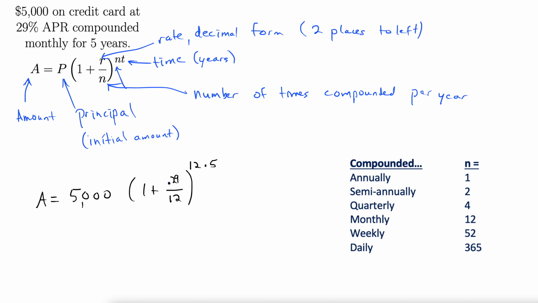Okay, so let's compute this all in a calculator. Here's where you really have to know how to use your calculator, right? What I would do here on mine, which is a standard TI scientific calculator, is 5,000 times, parentheses, 1 plus 0.29 divided by 12, close parentheses, and then I'm going to use my caret button, which tells me we're going to the power, and then parentheses 12 times 5, close parentheses.